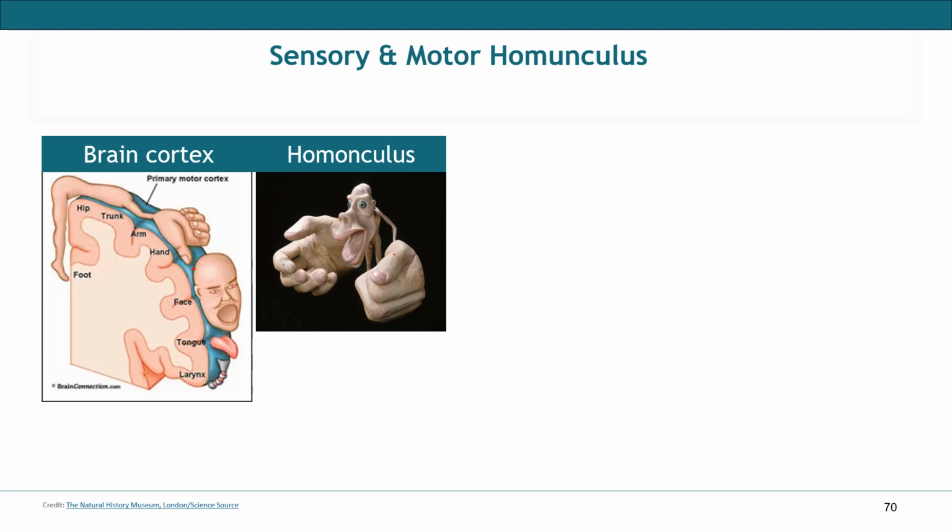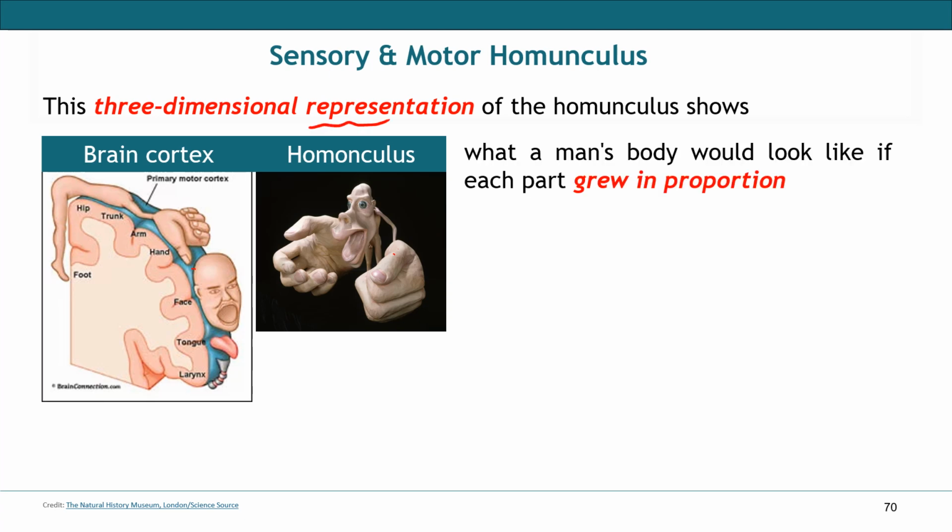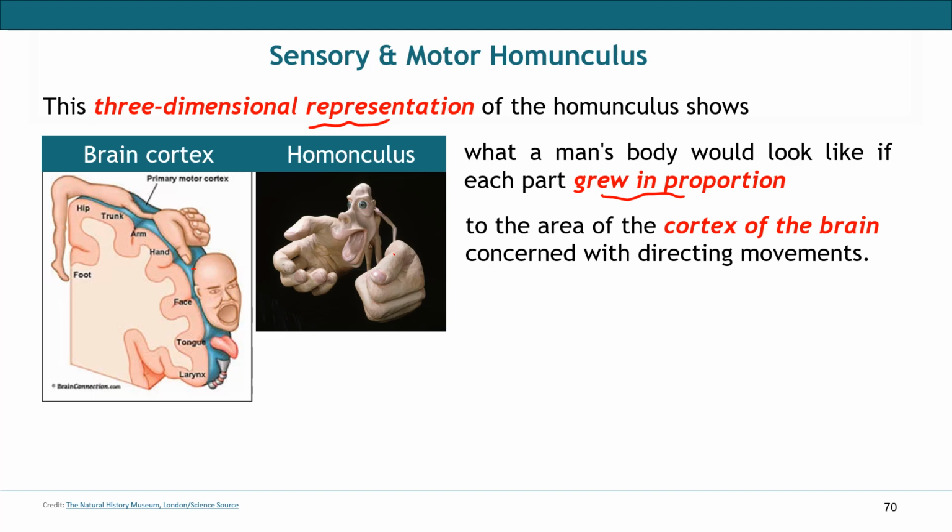Here you can see a three-dimensional representation of the homunculus, and this is showing what would happen if a man grew in proportion to the areas of the cortex of the brain. So we would have really big hands and a very big mouth, because there are a lot of parts of the cortex of the brain that are involved in that area.